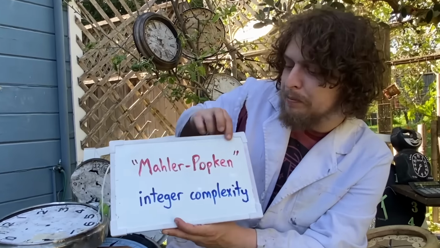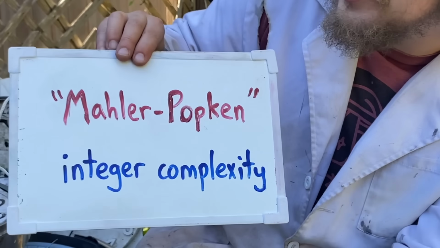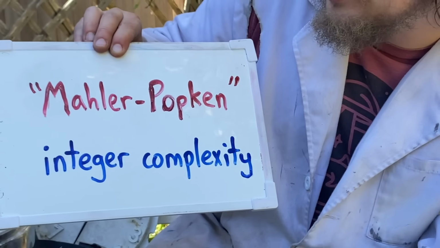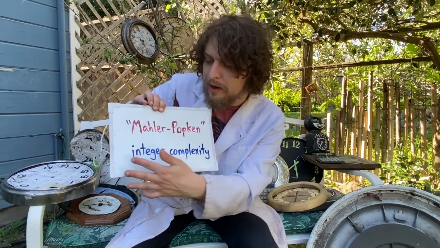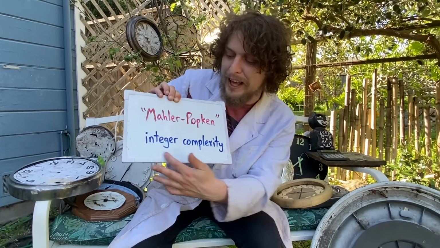The OEIS calls this the Mahler-Popkin integer complexity sequence, named after two people who originally wrote a paper looking at this topic. And what I was calling the cost of a number can be more formally known as its integer complexity.